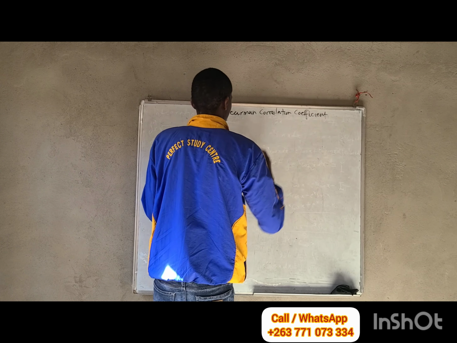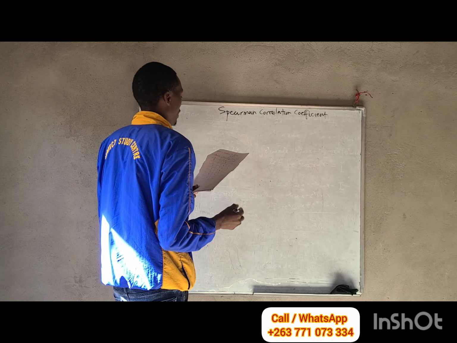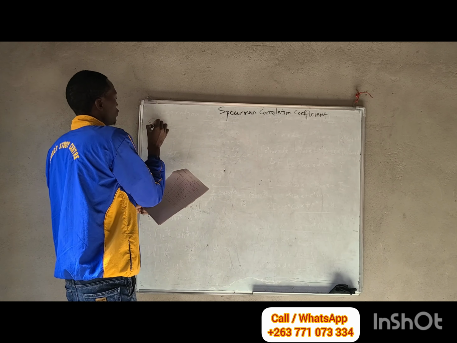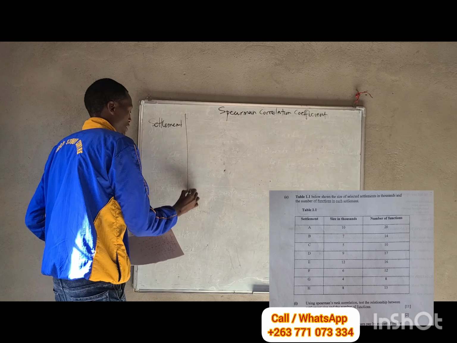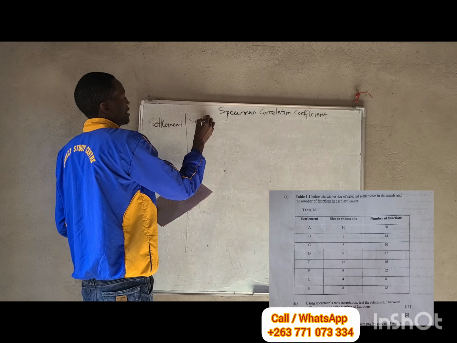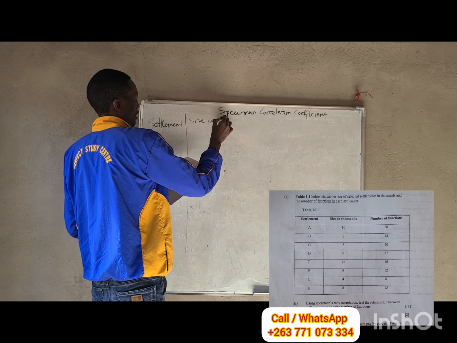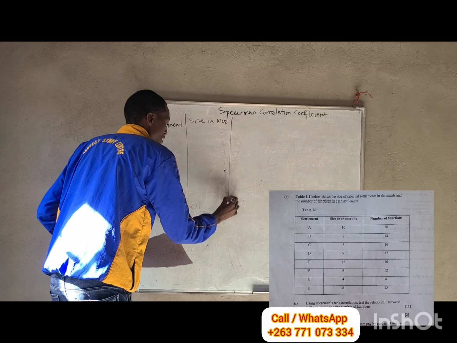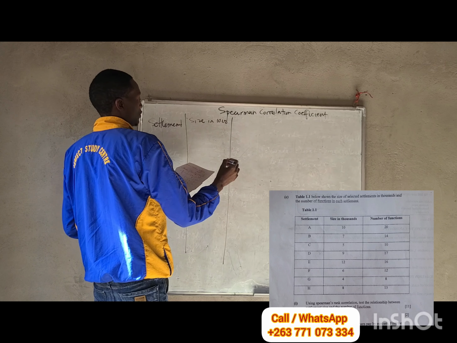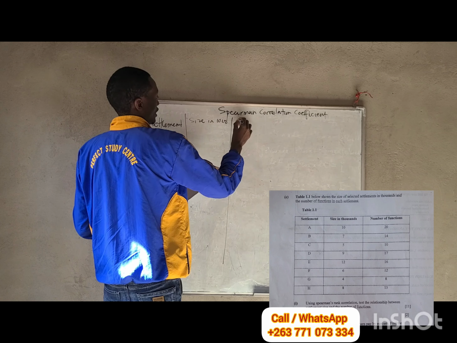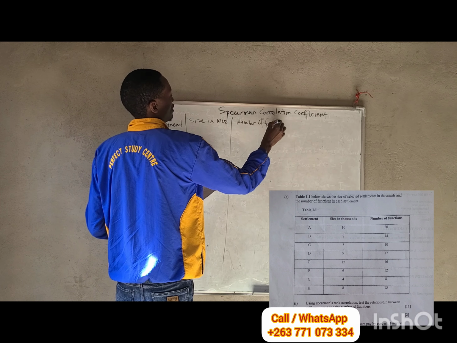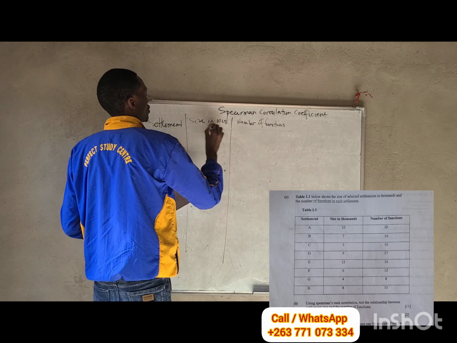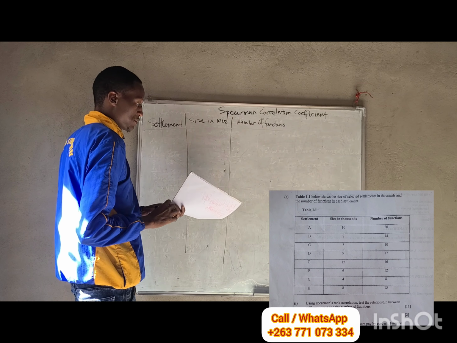When we are using the Spearman correlation coefficient, here we have settlement, then size in 1000, then number of functions. What is the first step here?